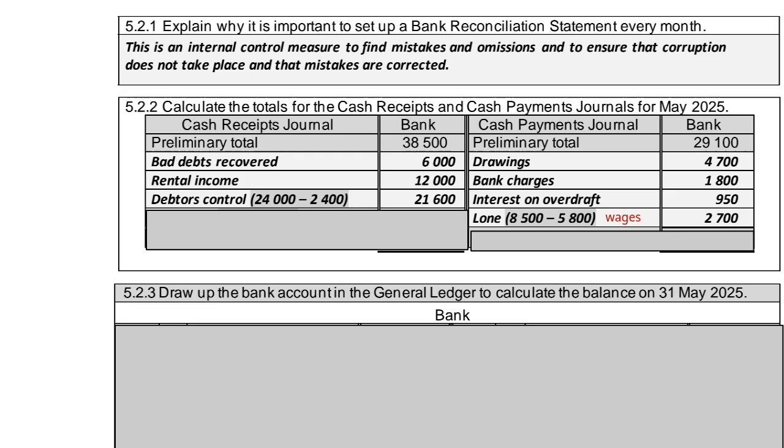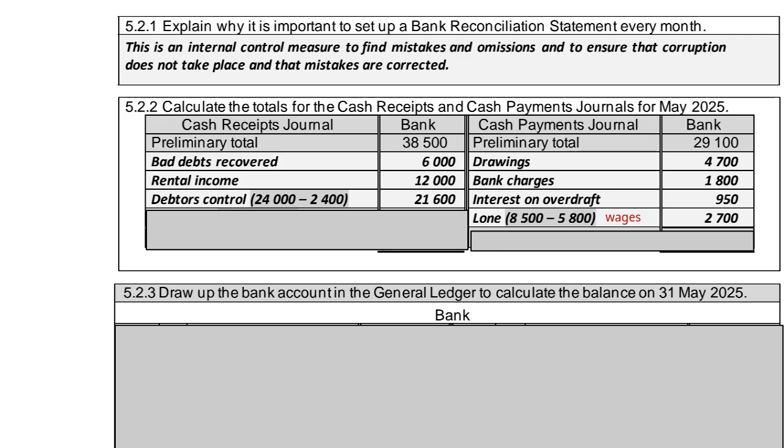G. EFT 912 pertaining to stationery appears correctly on the bank statement as R920, but was incorrectly recorded in the cash payments journal as R9,200. So in other words, we paid too much. 9,200 minus 920 gives you R8,280.